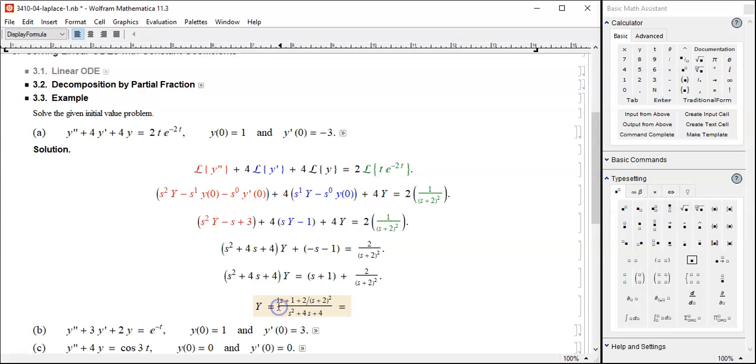Now, if you have to simplify this manually, good luck about that. Basically, what you need to do is factor this one. This is going to be a complete square, s plus 2 total quantity squared. And then I have another s plus 2 quantity squared. So the denominator will be s plus 2 total quantity to the fourth power. So it's basically something like this: numerator over s plus 2 total quantity to the fourth power. That's how things will turn out.